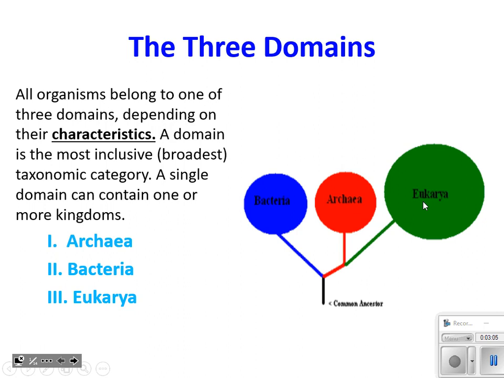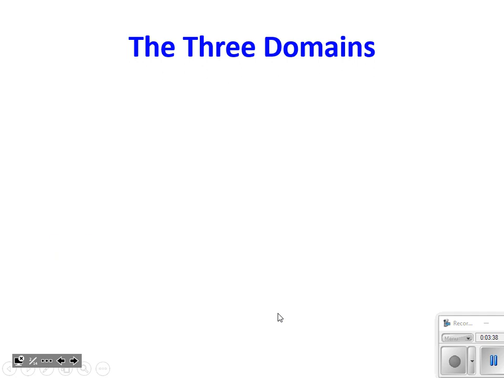So if you look at this and say, okay, here's eukarya, what is eukarya more closely related to? Is it more closely related to bacteria, or is it more closely related to archaea? Well, based on our ability to read these cladograms, we would say that eukarya is more closely related to archaea.